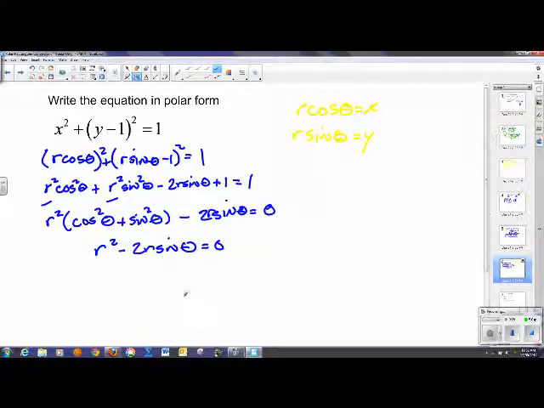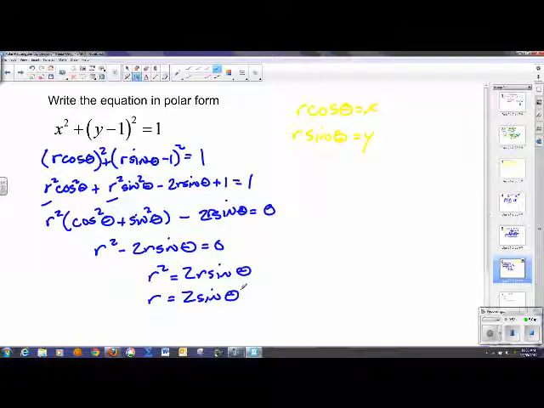I can clean that up a little bit by taking and bringing the r squared, isolating that, bring the 2r over to the other side, and then dividing out an r, giving me r is equal to 2 sine of theta. So that's as simplified as we get.